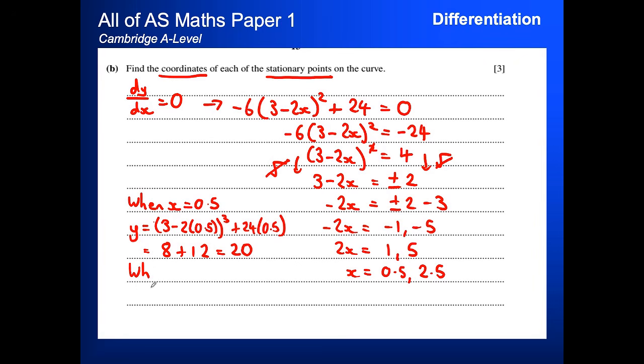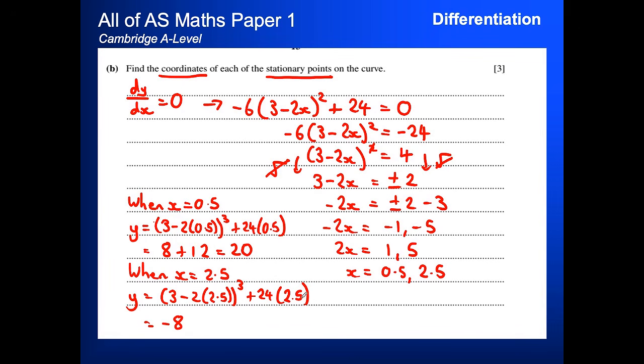And now we do the same thing for 2.5. So we get y is equal to 3 minus 2 lots of 2.5, cubed, plus 24 lots of 2.5. If we work through this, this is 5, minus 2 cubed, that's equal to minus 8.